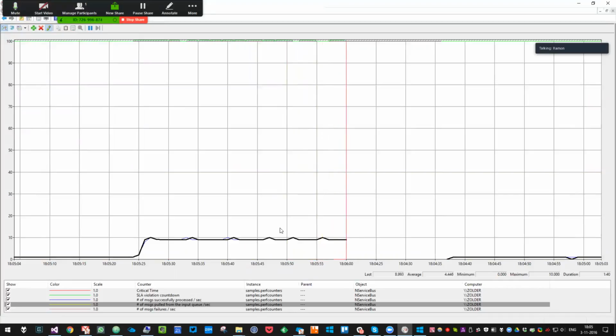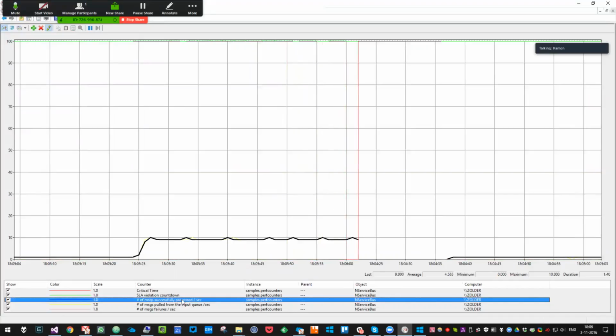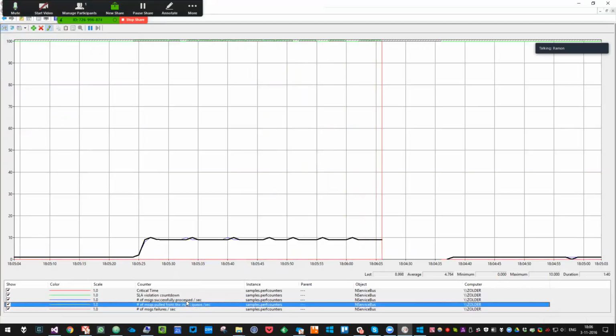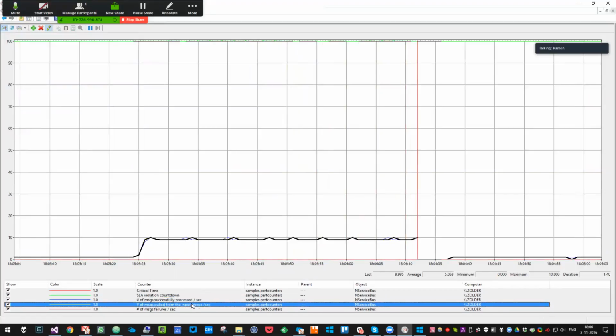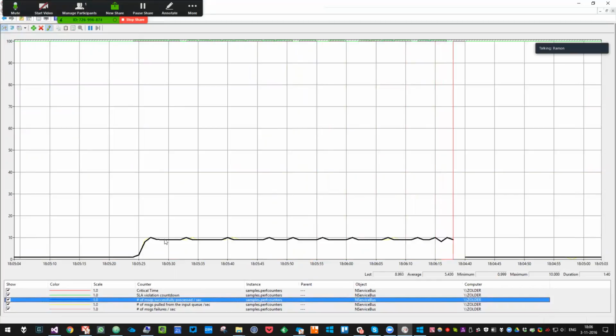So that's good. And we can still see that the number of successfully processed messages per second is equal to that. You can see a slight variation that is due to timing differences in how the performance monitor is measuring things. It's doing an average per second, and what the second exactly is can be different.